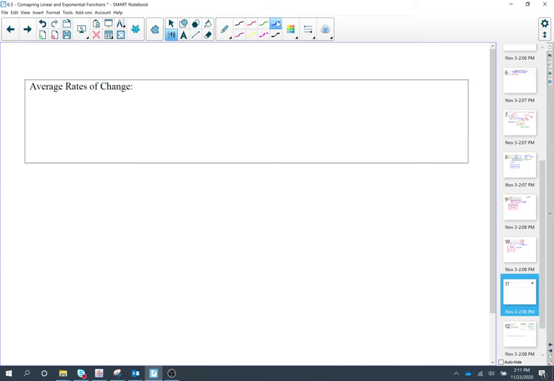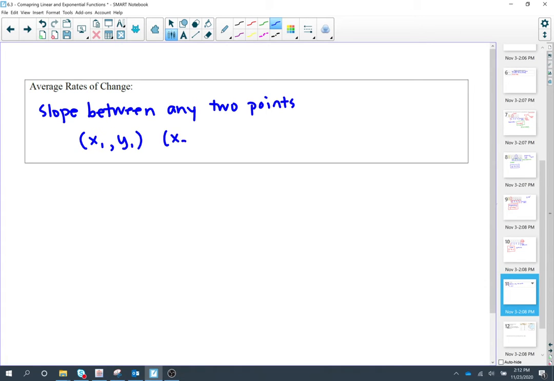In short, an average rate of change is just the slope. Specifically, it's the slope between any two points. We're going to write this in a couple different ways. Let's say our points are (x1, y1) and (x2, y2).